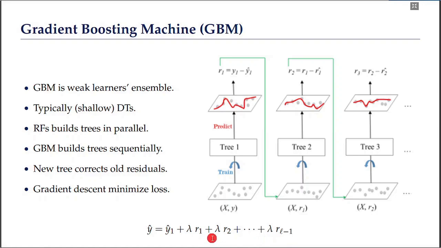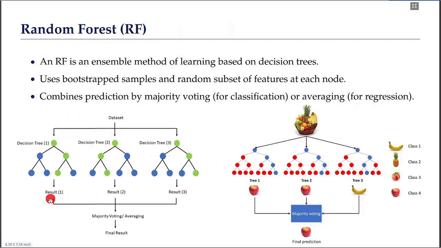Here lambda is called the learning rate, which is applied in the gradient descent algorithm. So the idea here is that gradient boosting is an ensemble method consisting of several weak learners, but in the random forest the trees are assumed to be parallel.